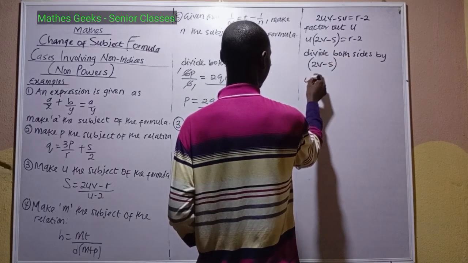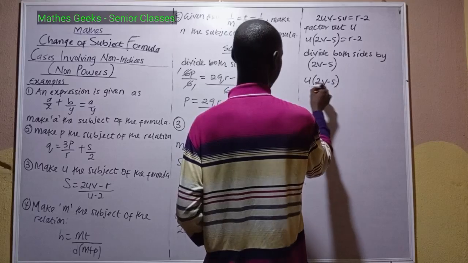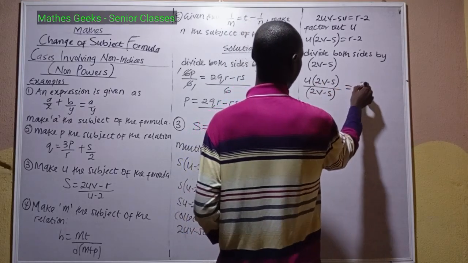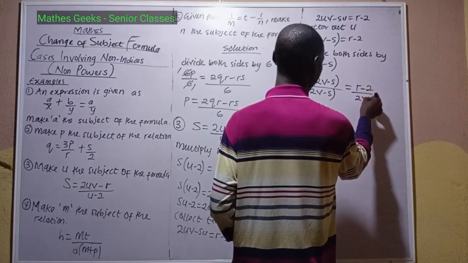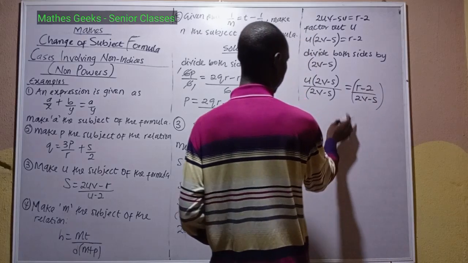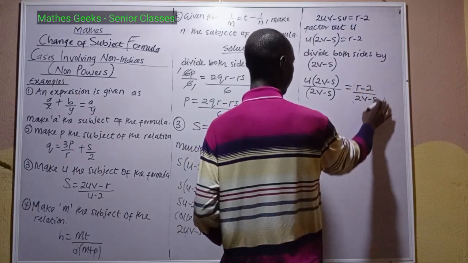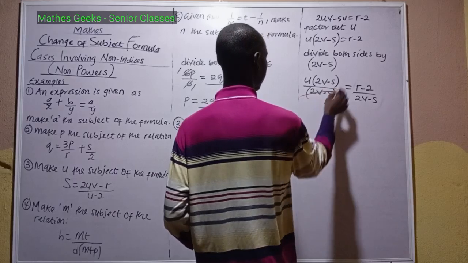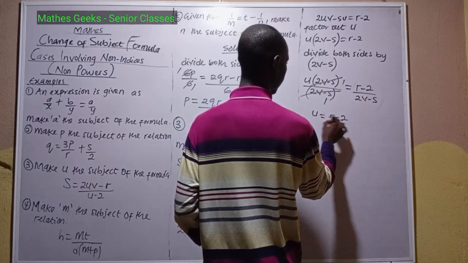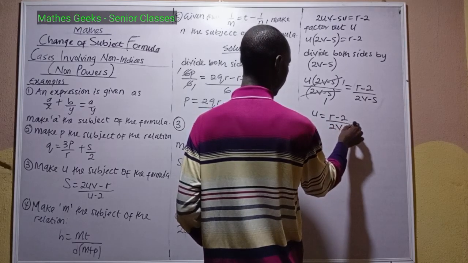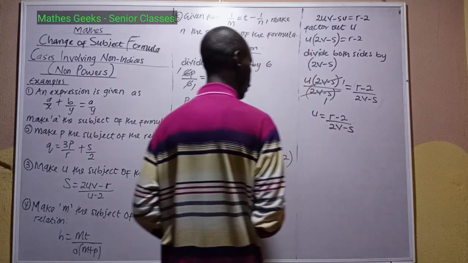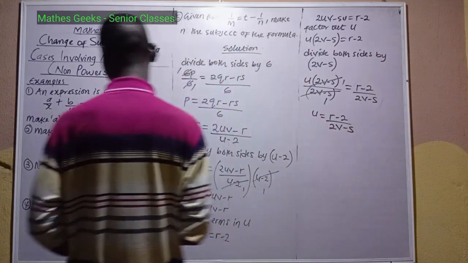So u(2v minus s) over 2v minus s equals r minus 2s over 2v minus s. There's no need to include it in brackets. So this will give us 1. u is equal to r minus 2s over 2v minus s. So u is equal to r minus 2s over 2v minus s.